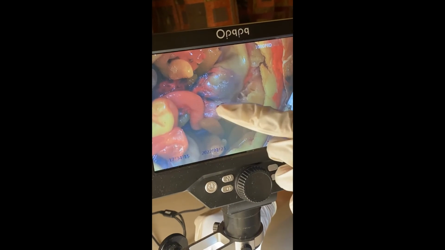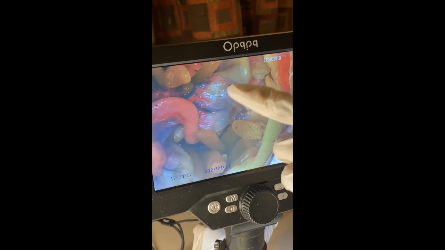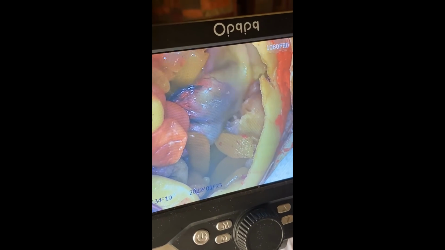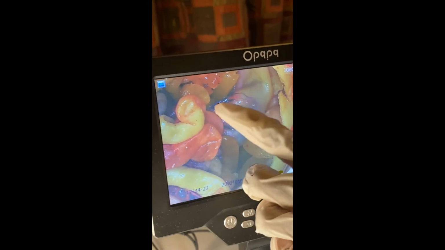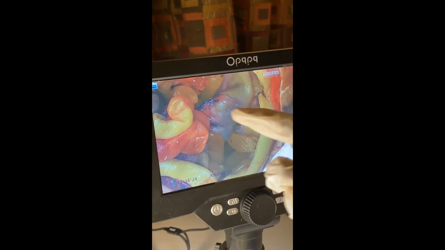Right over here, this is the large intestine of the frog, also known as the rectum. And you can see that there are many blood vessels that are part of the rectum here.